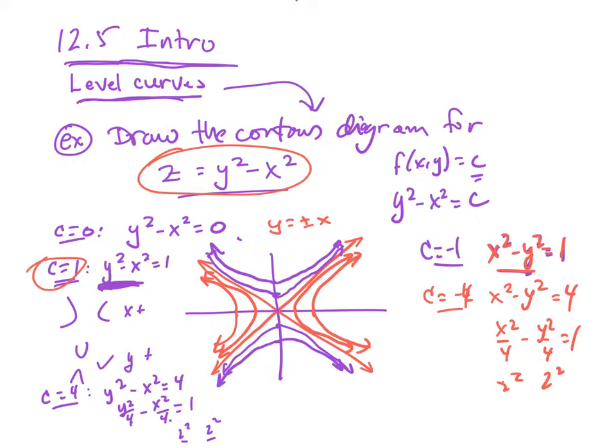What we're going to be doing is adding another dimension, so then we're going to have level surfaces for 12.5. By the way, go ahead and graph this with your 3D grapher and see what it looks like and see if my level curves match up. And lastly, I put c equals 0, c equal 1, c equal 4, c equals 0, c equal negative 1, c equal negative 4 to give me my height for those respective values.